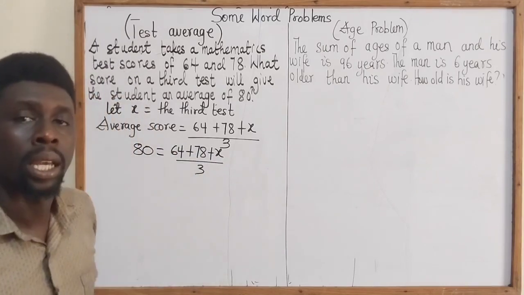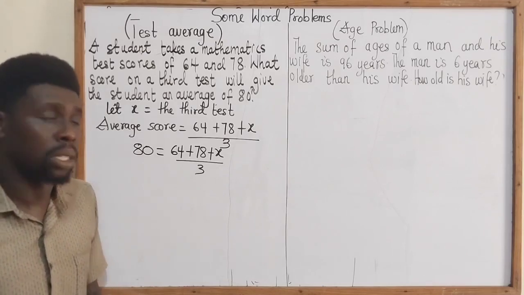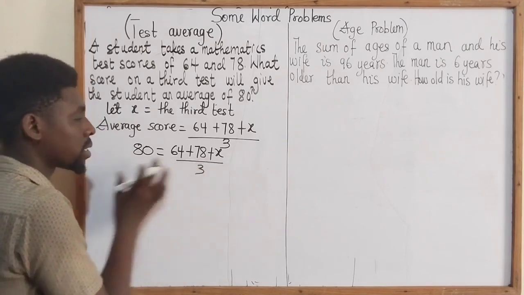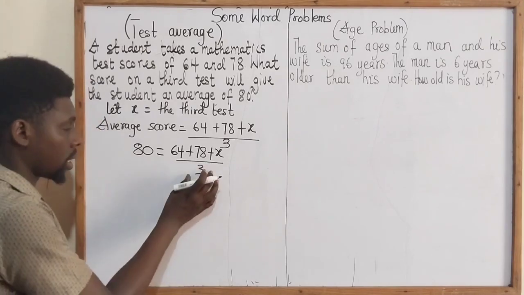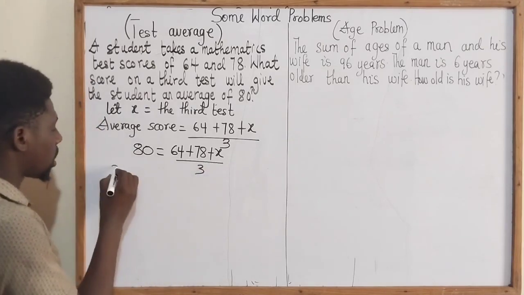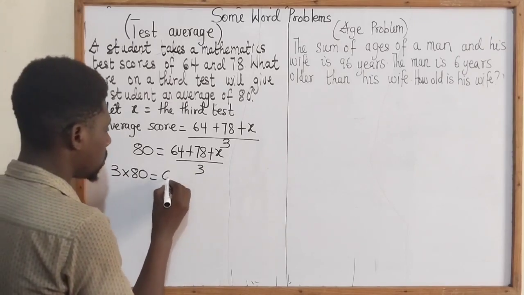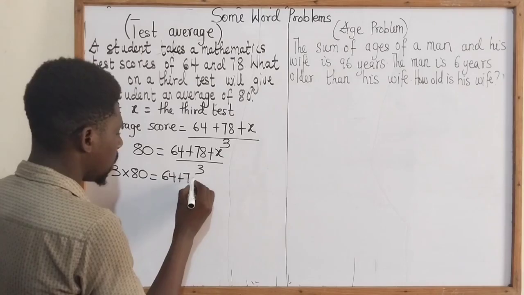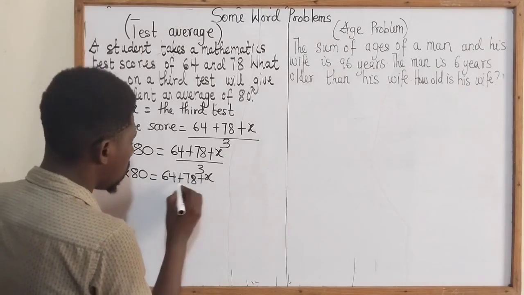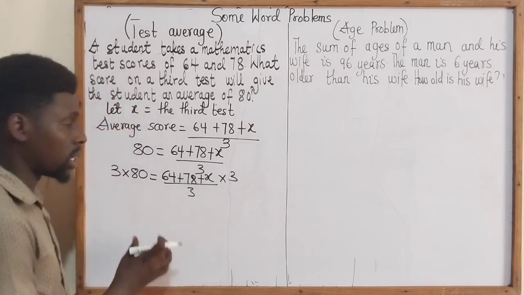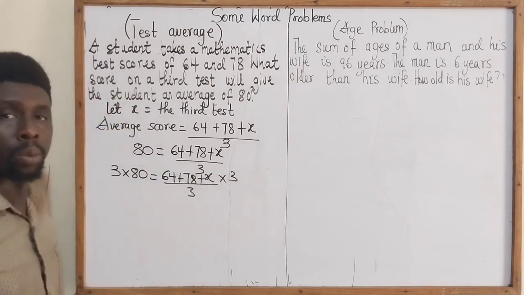Now, upon reaching here, we apply our equality or transformation rules. So I have to multiply both sides of the equation by 3. So what I'm going to get is 3 times 80 equals 64 plus 78 plus x all over 3 times 3, so that we can take off the denominator.